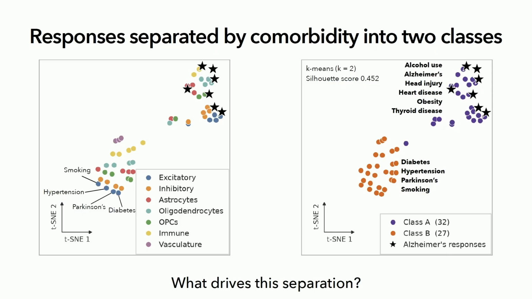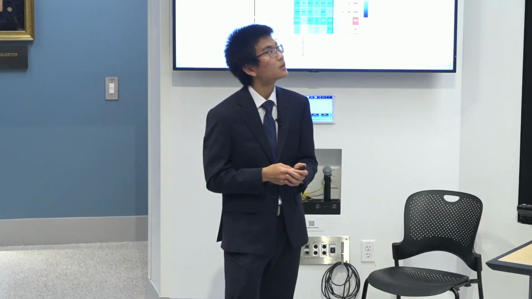TSNE only preserves the information for points which are close to each other. This plot should not be interpreted in a way like, just because this distance seems larger than this distance doesn't necessarily mean that in the actual high dimensional space that is a larger distance. It's a limitation of the method we use to visualize the data.